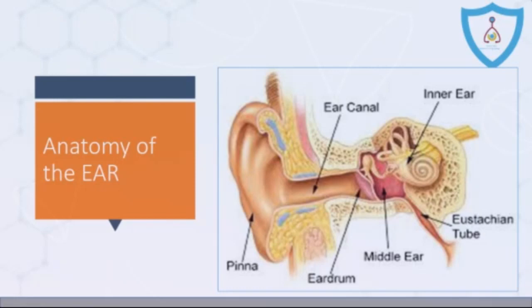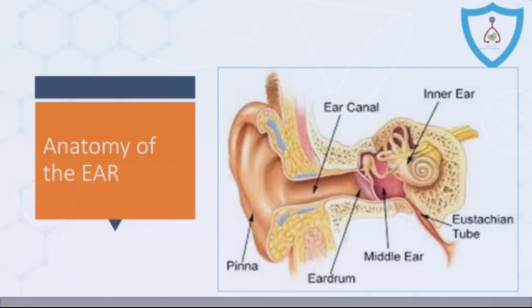So leading from the pinna is the external auditory meatus or the ear canal, and this one leads to the eardrum, what we call the tympanic membrane. So from the pinna to the tympanic membrane, this is what we call the external ear.